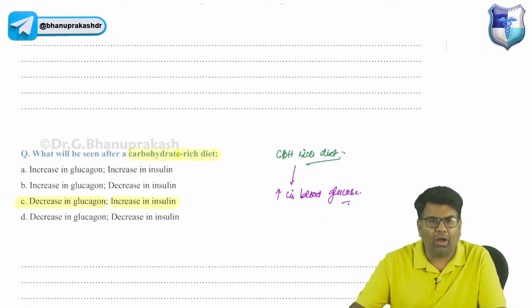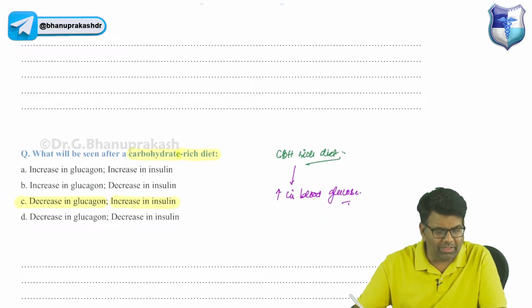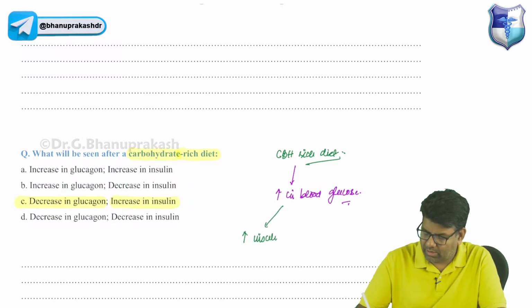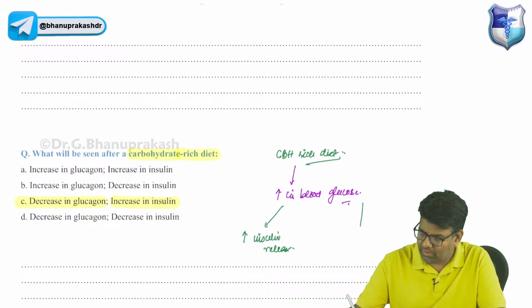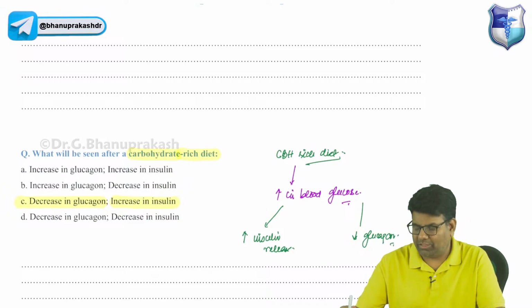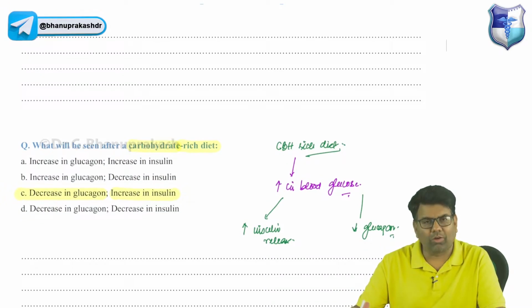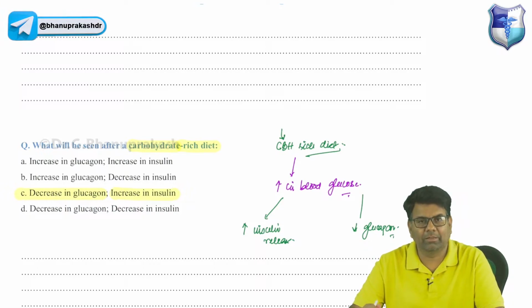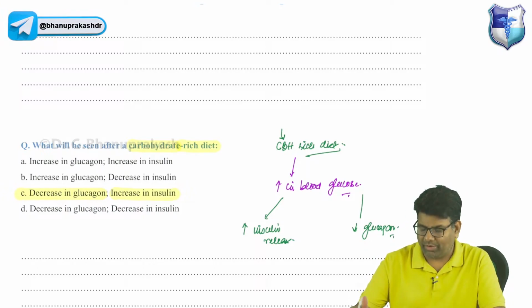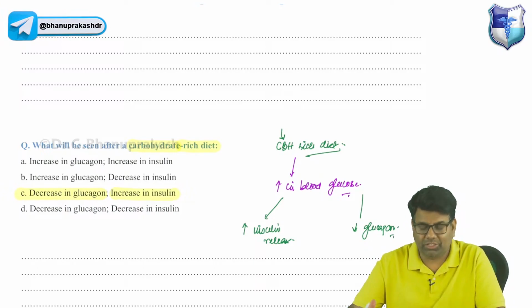And how does the body tackle raised glucose levels? By promoting insulin and decreasing glucagon because it is a hyperglycemic hormone. So glucagon levels will be less, insulin levels will be high, which will avoid hyperglycemia, which has resulted because of increased intake of carbohydrates.